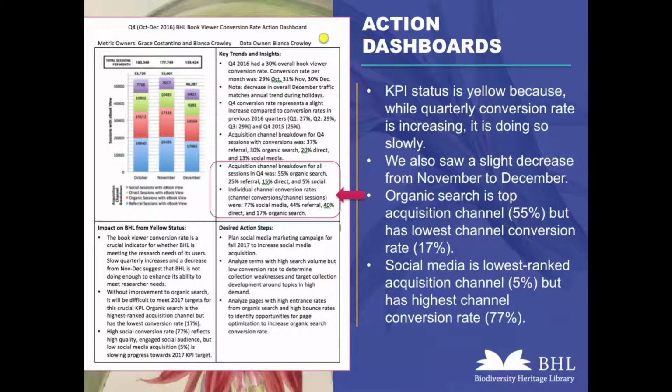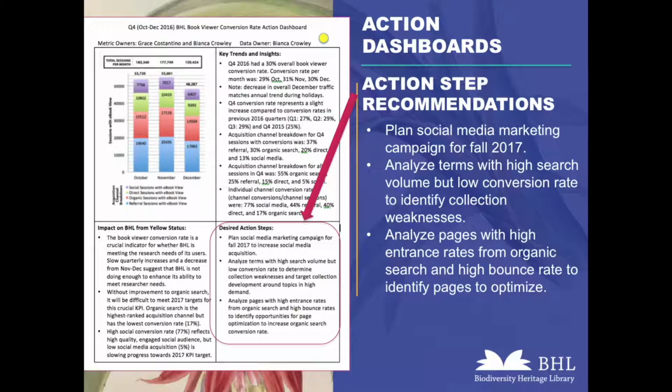Other things to note are that while organic search is our top acquisition channel, it has the lowest channel conversion rate for this KPI. Conversely, while social media is the lowest ranked acquisition channel, it has the highest channel conversion rate for this KPI. To improve KPI performance, I recommend that we plan a social media marketing campaign for fall 2017 to increase social media acquisition, since this channel has such a high conversion rate.